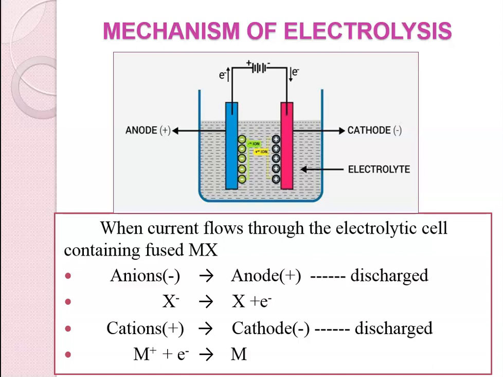So because of the passage of current, you have products at the anode and you have products formed at the cathode. Remember, anions are negatively charged ions, while anode here is a positively charged electrode. Similarly, cations are positively charged ions, while the cathode is the negatively charged electrode.